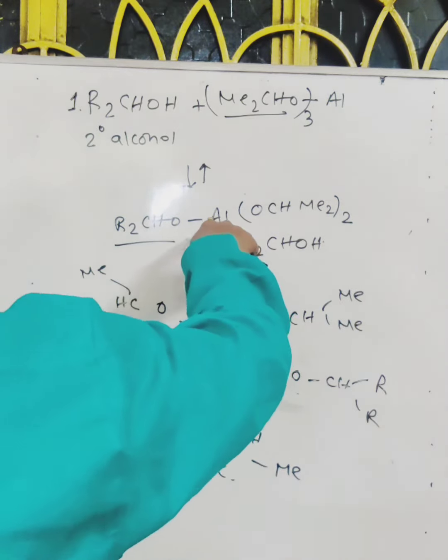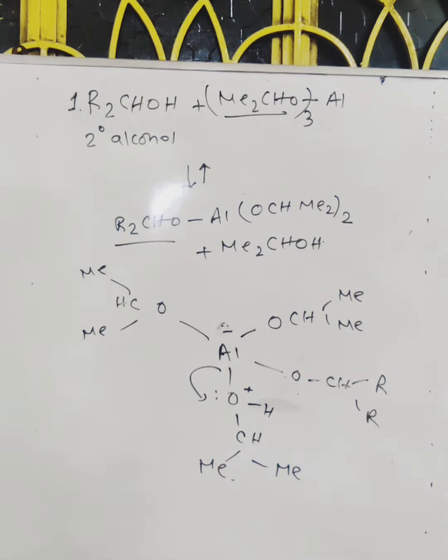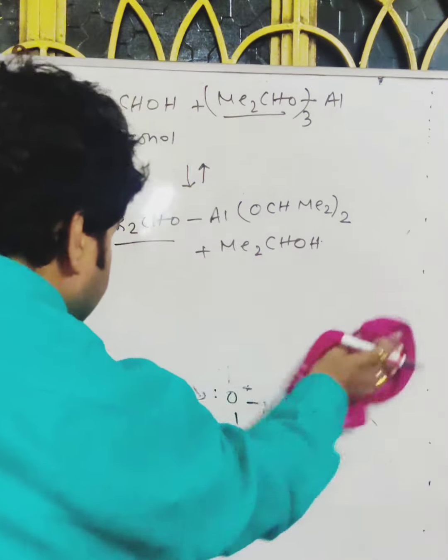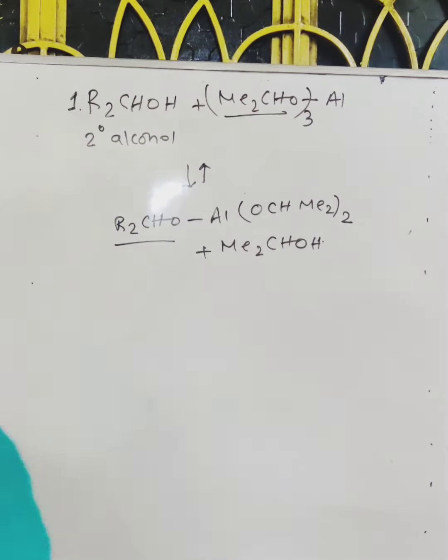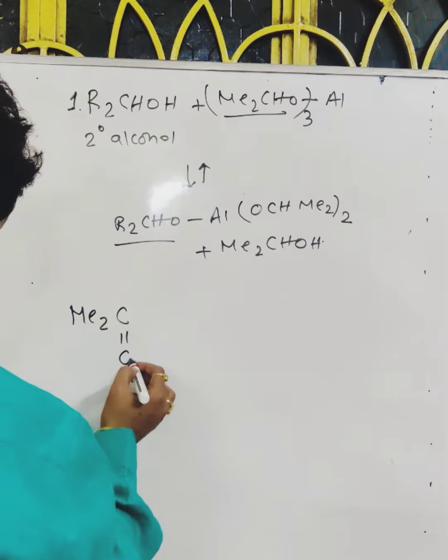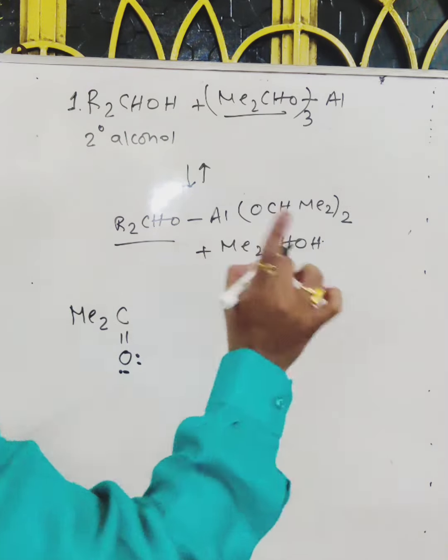But think about it, this is still not satisfied. That means this is still a Lewis acid in its own way. Now, next what? We use in this reaction excess of acetone. Now see the similarity.